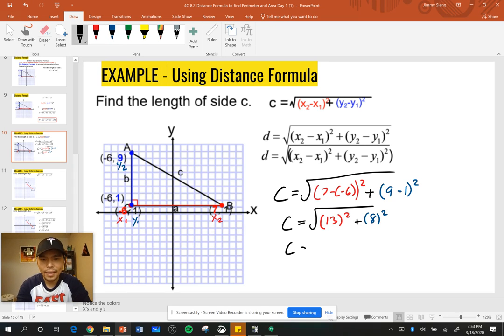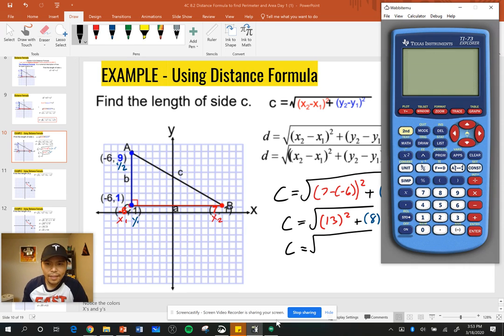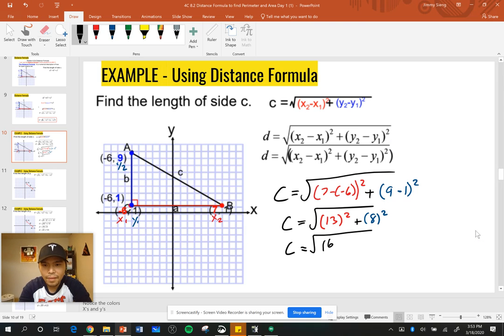So c equals the square root of 13 squared, which is 169, I think. I always forget that one. So 13 squared is 169, plus 8 squared is 64.